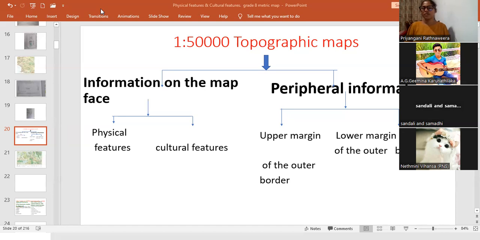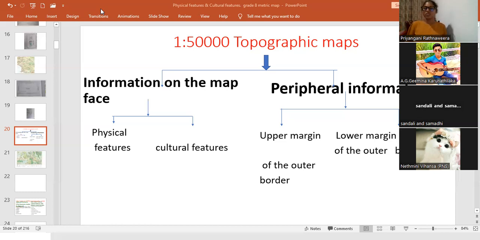What are the types of boundaries? Administrative boundaries: district boundary, province boundary, Gram Niladhari division boundary, AGA division boundary.